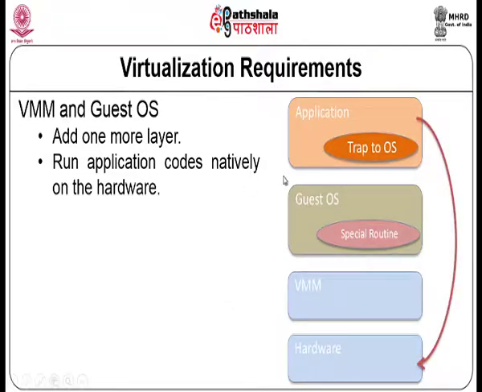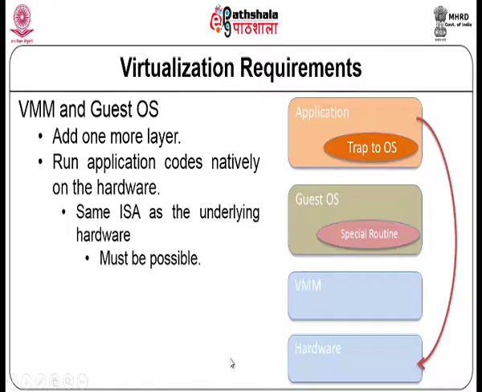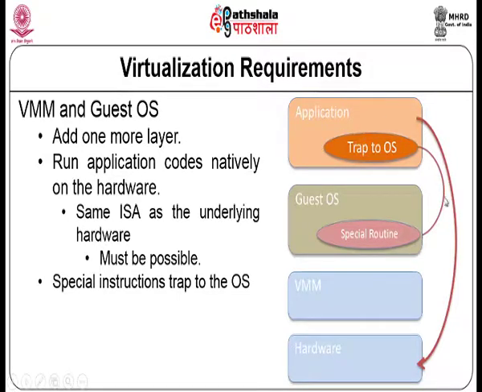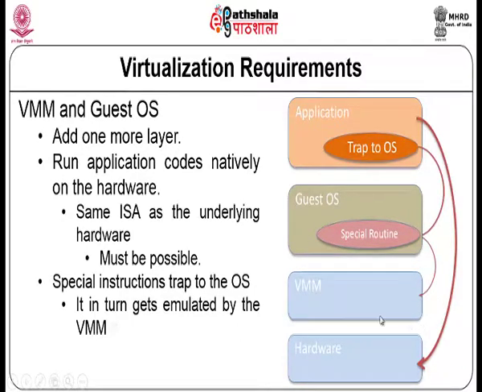We run the application's generic instructions on the hardware directly. The application is meant for the same ISA as the hardware in a virtualization environment, so there is no problem; it is possible. Now, what happens when it traps to the operating system? It traps to the operating system for the special instructions, but the operating system now cannot execute it directly on the hardware. The operating system in turn calls the virtualization layer, or VMM, or the hypervisor.